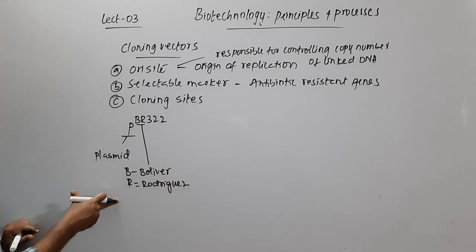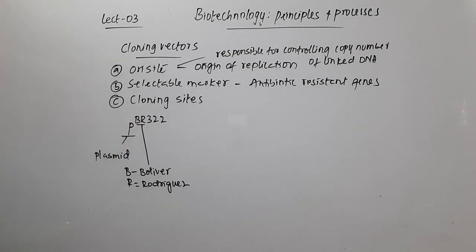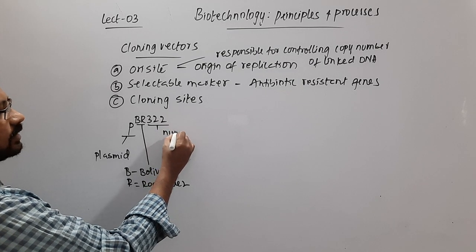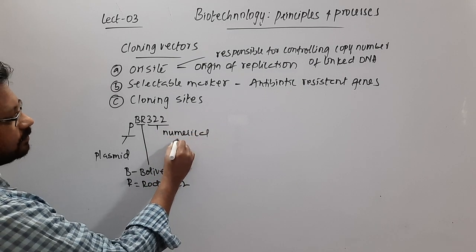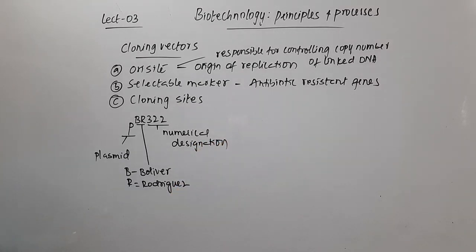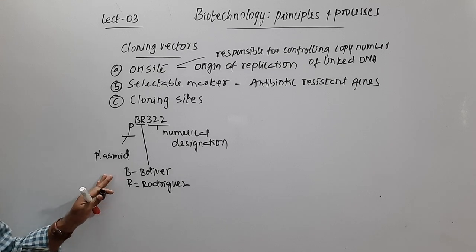So these are the two scientists who constructed it, which is why they mentioned BR, standing for Bolivar and Rodriguez. And this 322 is a numerical designation. So this is how we give names to those plasmids.